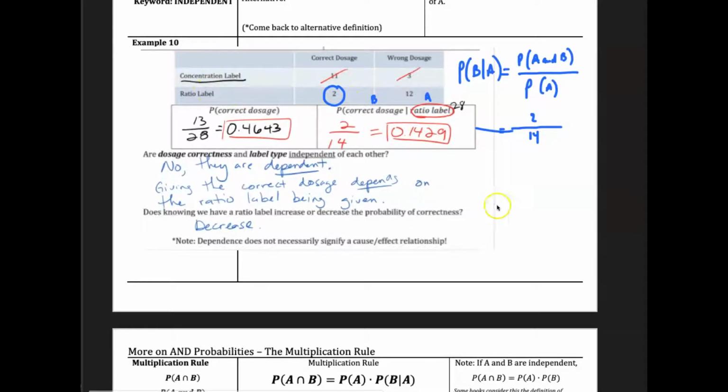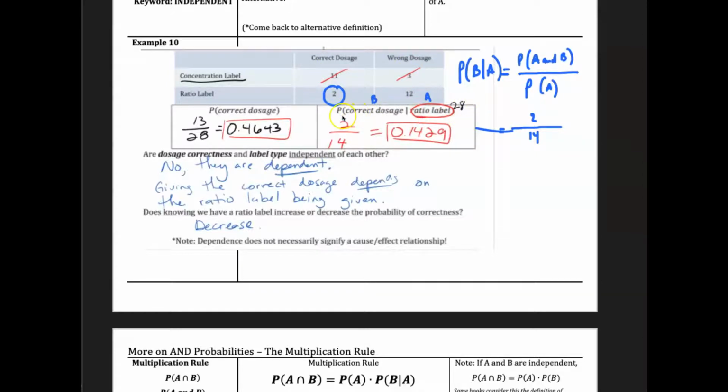Do people give the right dosage depending upon the labels? Again, it's a little bit more complex scenario here. But what's the probability of getting a correct dosage? It's 13 out of 28. There are 28 total outcomes here: 13 and then 15, here's your 28.